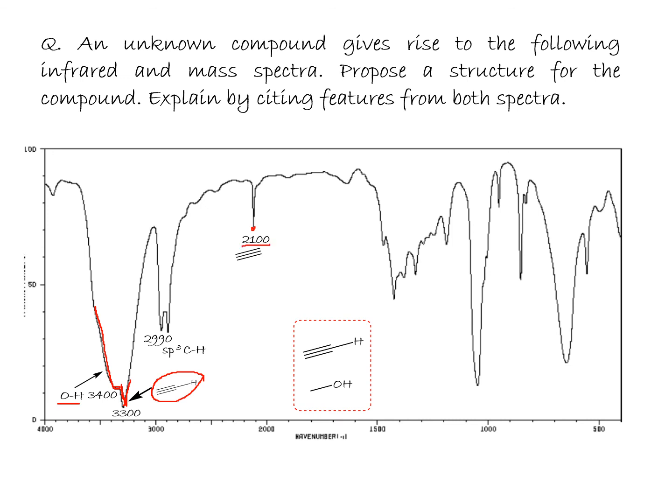Yes, there is 2100 belonging to carbon triple bond carbon. And in the area of sp3 carbon, we see the alkyl stretch here. So you absolutely have OH functionality, you have a terminal acetylenic, and you have an alkyl group somewhere in the molecule.